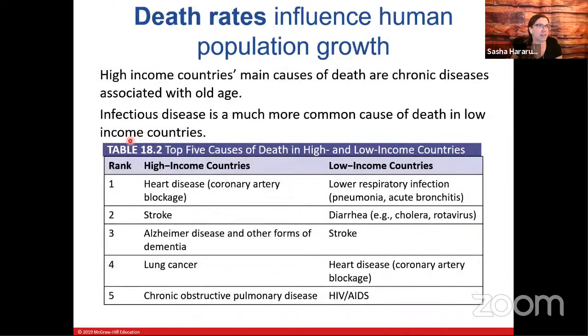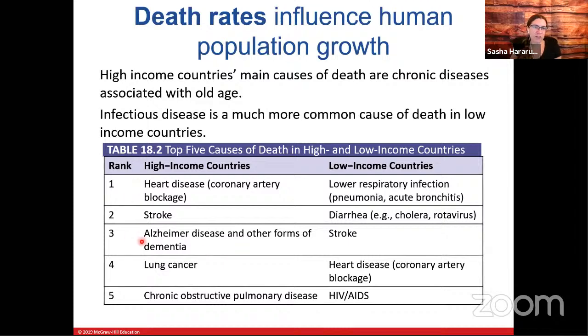It's 10:19. Okay. So I have 1 minute just to highlight the differences in the causes of mortality in different countries. In high income countries, we tend to die from heart disease, mainly resulting from coronary artery blockage, from strokes, and from Alzheimer's disease.